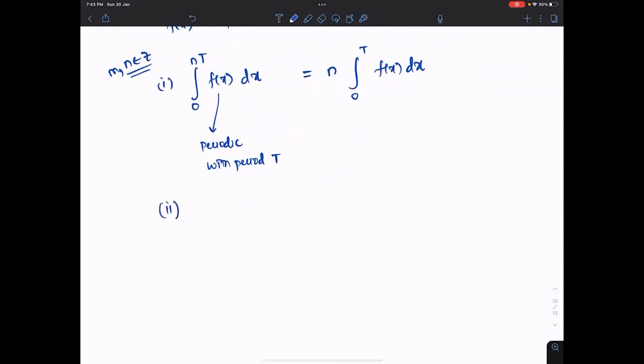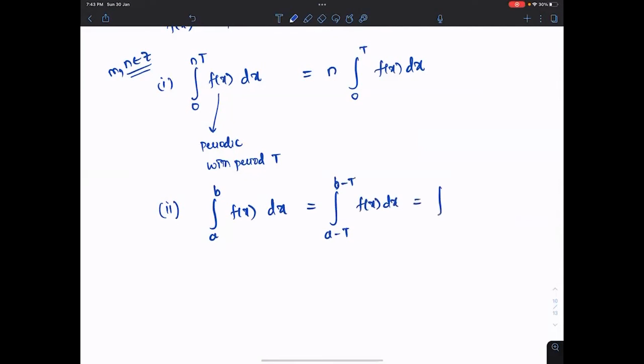Second rule, integral m times T to n times T f of x dx, or let me just say it like this. If integral a to b f of x dx is there, again f of x is a function with period T. You can add or subtract the time period from both limits. If you're subtracting the time period, then you have to do it from both the upper limit and the lower limit.